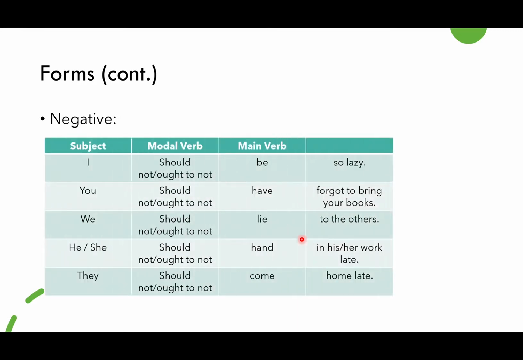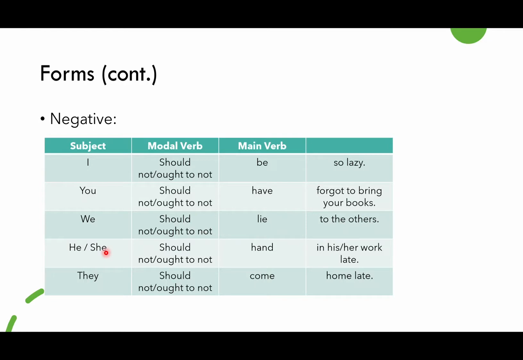Now let's look at the negative forms. Subject, modal verb, and main verb. I should not or ought not to be so lazy. You should not or ought not to have forgotten to bring your books. We should not or ought not to lie to the others.